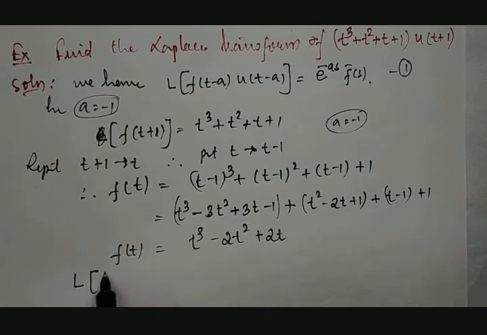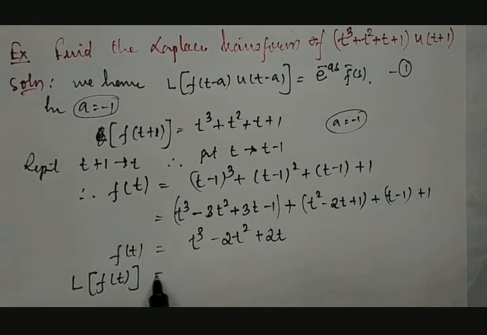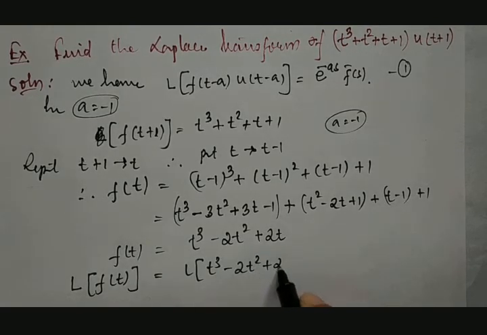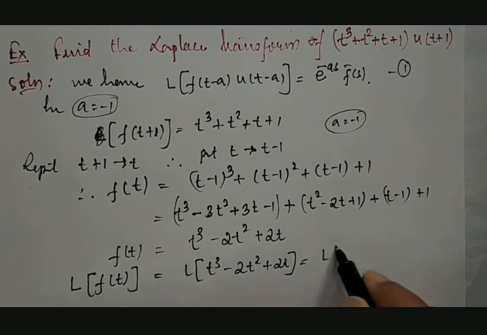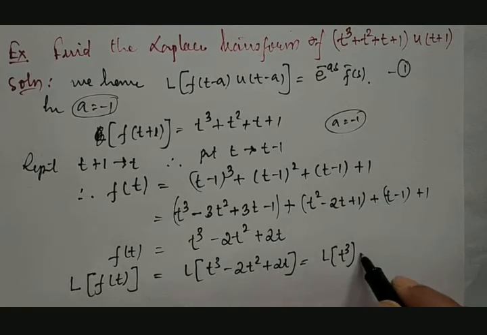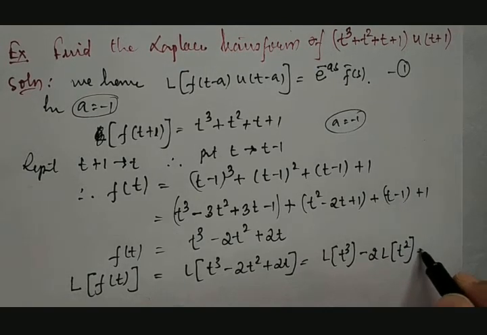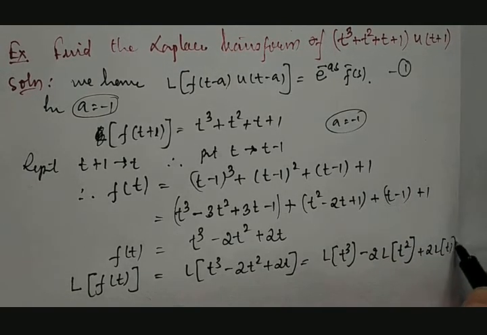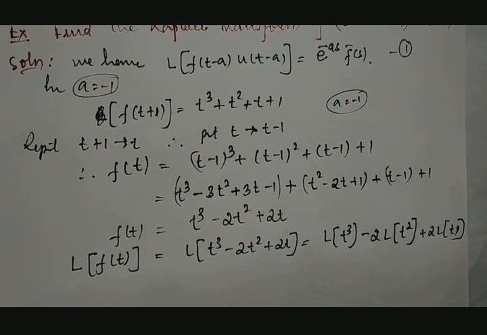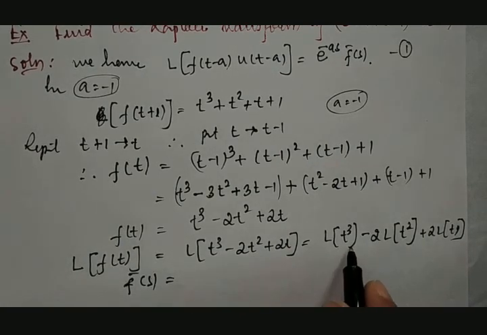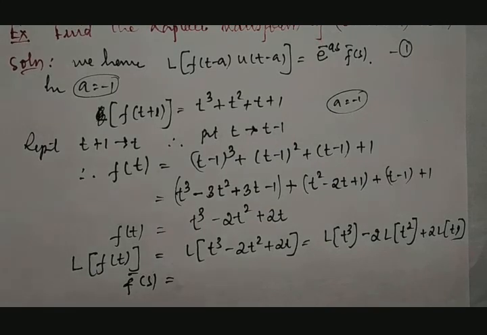Apply Laplace on both sides. Then it becomes Laplace transformation of f of t is equal to Laplace transformation of t cube minus 2t square plus 2t, which means Laplace transformation of t cube minus 2 times Laplace transformation of t square plus 2 into Laplace transformation of t. Therefore, this is nothing but f bar of s. F bar of s is equal to Laplace transformation of t cube.